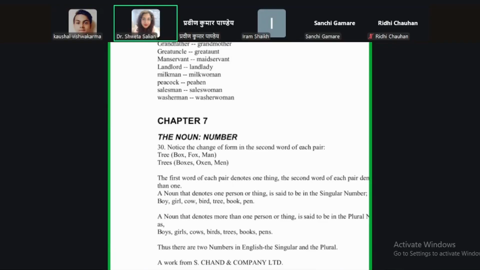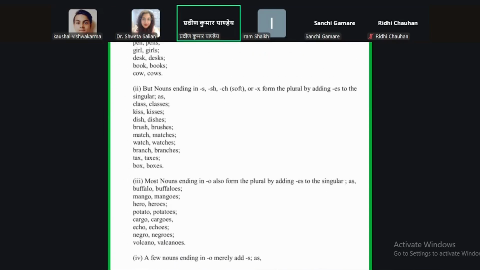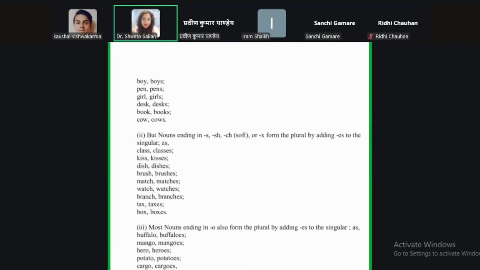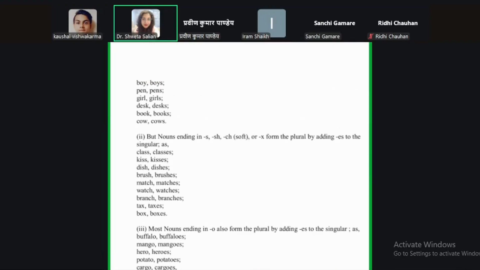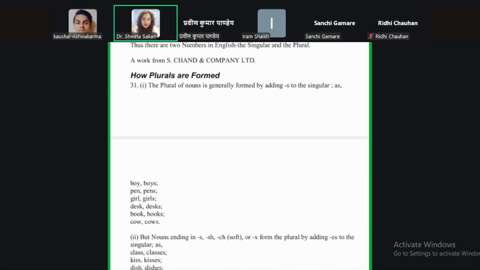Then you have noun number, like we looked at countable and uncountable earlier. So singular and plural. How do you attach an S, an ES, or change it into OES? The rules are given very clearly.